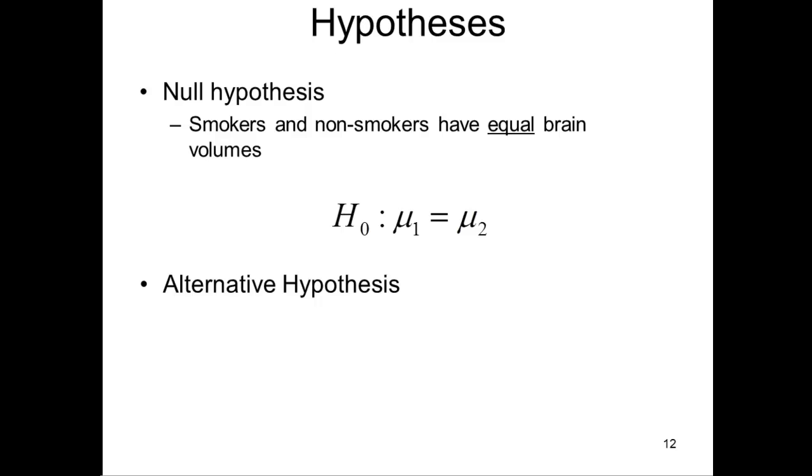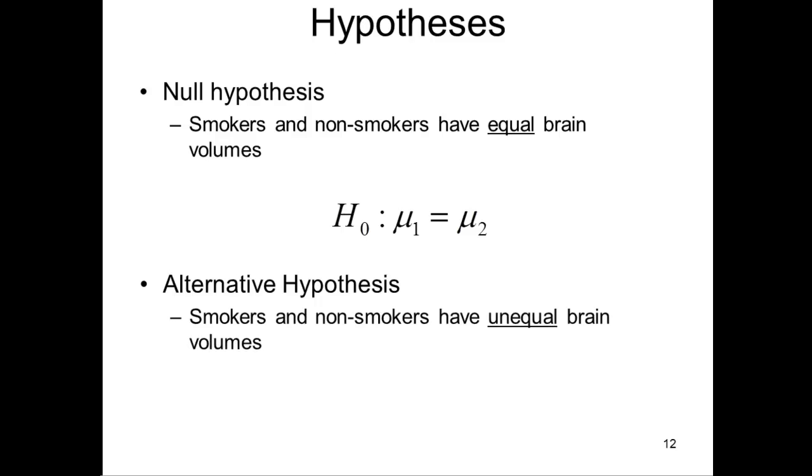The alternative hypothesis is that smokers and non-smokers have unequal brain volumes. Now stated at the population level, it's mu1 does not equal mu2. Brain volume for smokers does not equal brain volume for non-smokers.